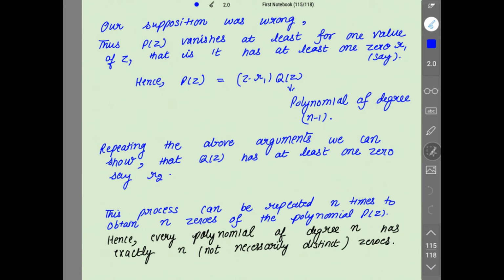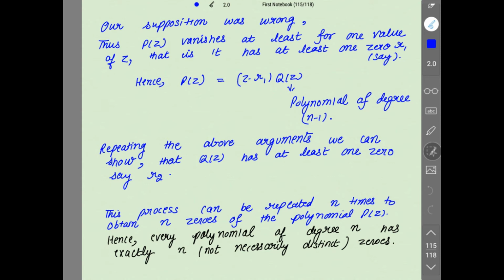Now say that one value is equal to R1. Then what is your polynomial function? Your p(z) will be (z minus R1) q(z). Now this polynomial q(z) will be of degree n minus 1 because one root vanishes, right? Your p(z) is of degree n. One root vanishes. Suppose it gets its root as R1.